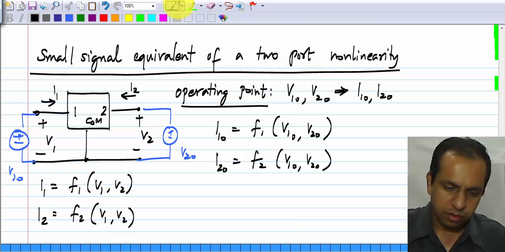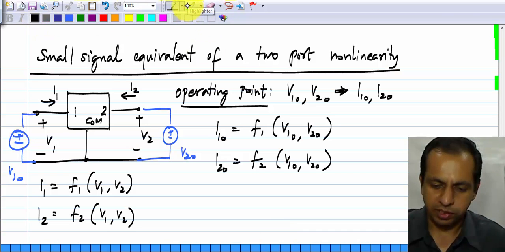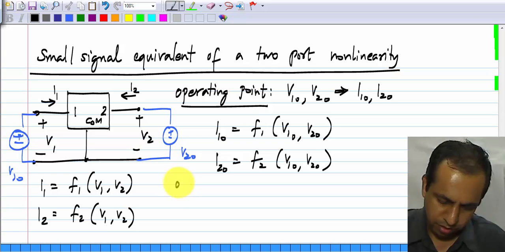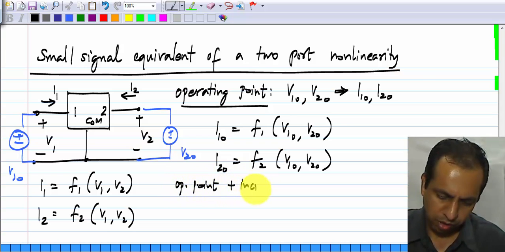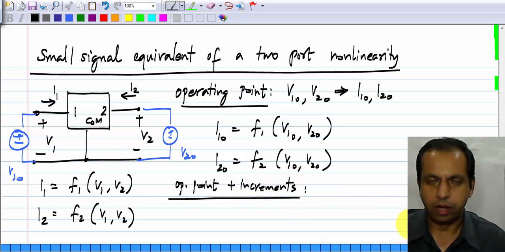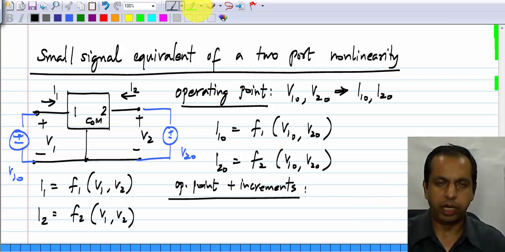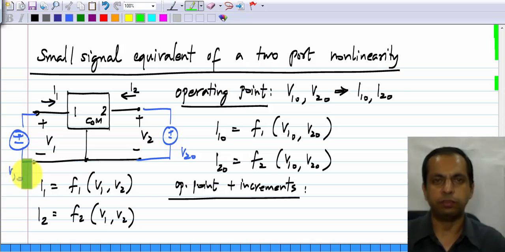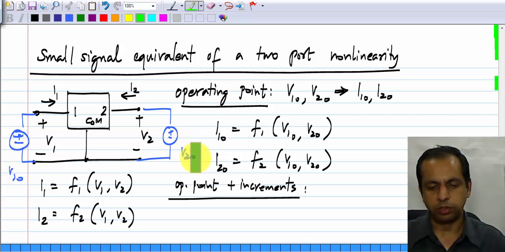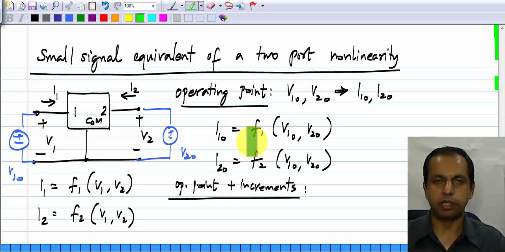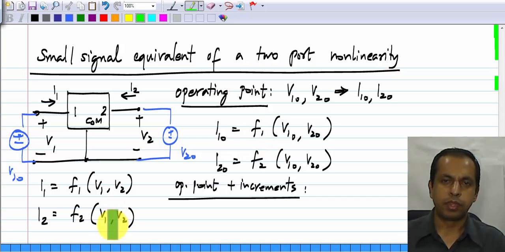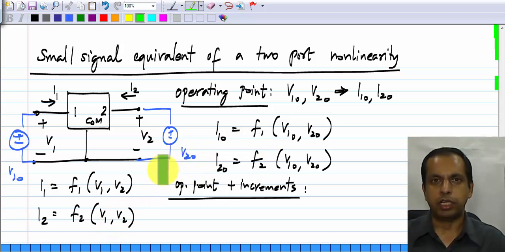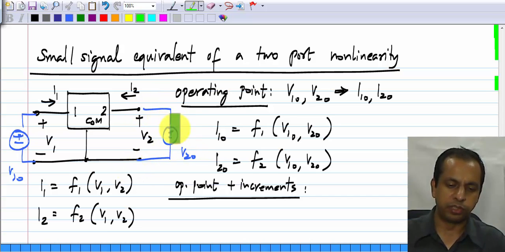Now, like I said, let us imagine that there are some increments around the operating point. Okay. Again, it is easy if you think of V1 0 being changed to V1 0 plus delta V1, V2 0 being changed to V2 0 plus delta V2, and so on. Okay. You can think of it that way, but it does not have to be like that. It does not have to be voltage sources applied here.